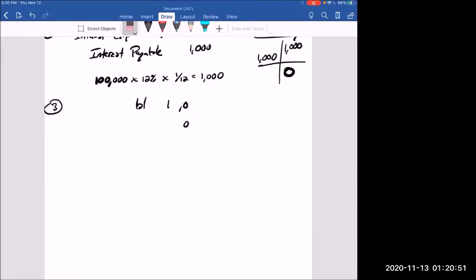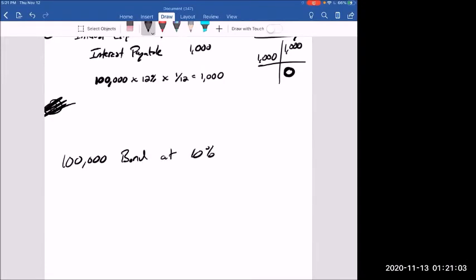So when I make an interest payment, if I had my $100,000 bond at 10% with the discount of 2,000, right? So this is not a new problem. I'm just saying, what would that journal entry be for the thing we were just looking at?